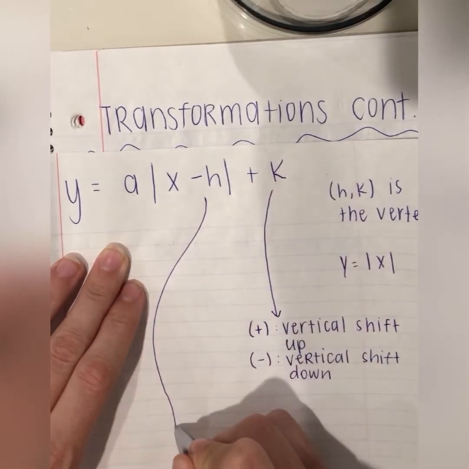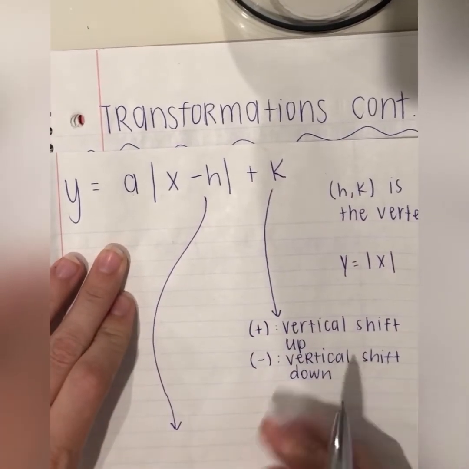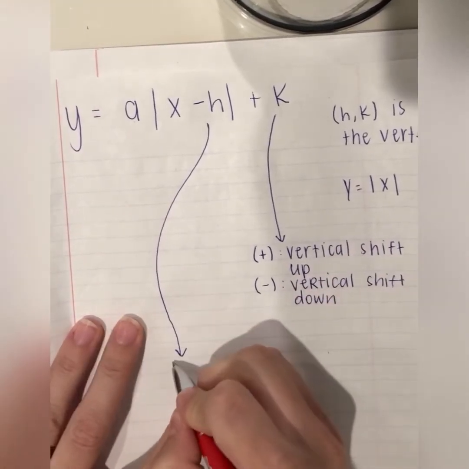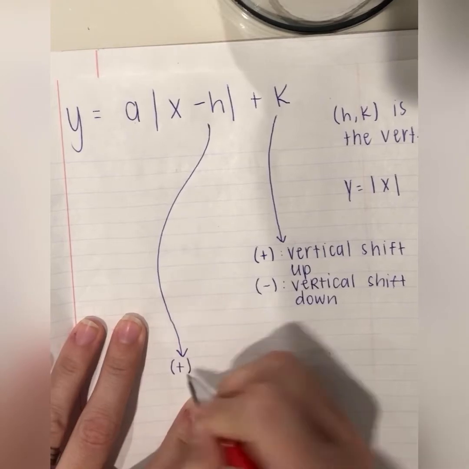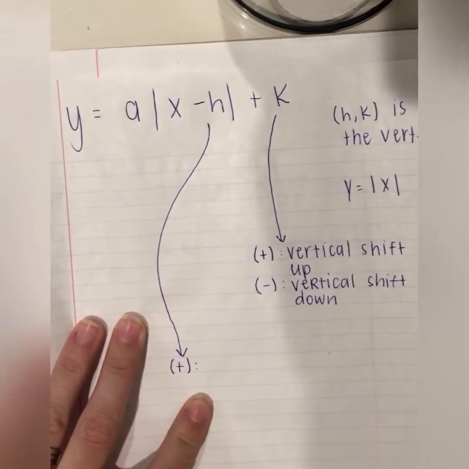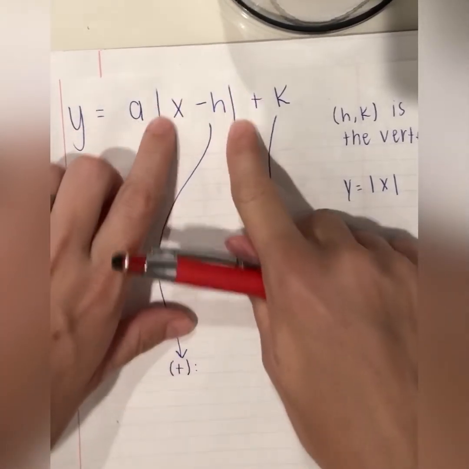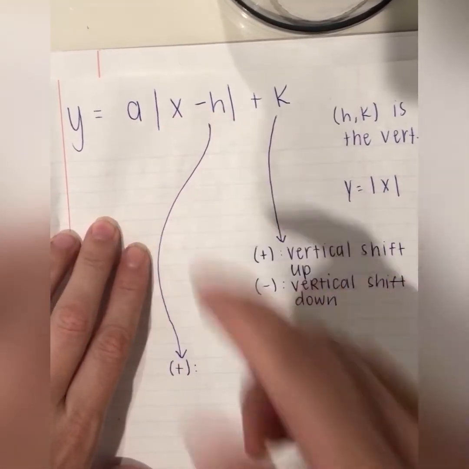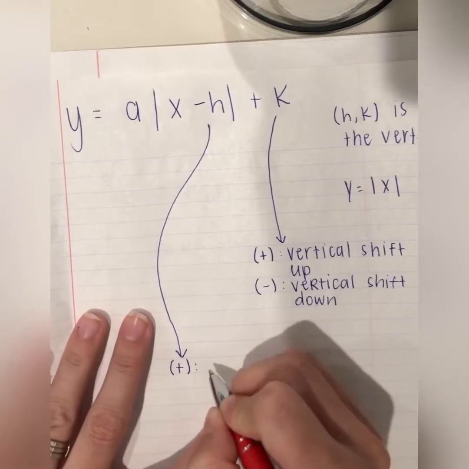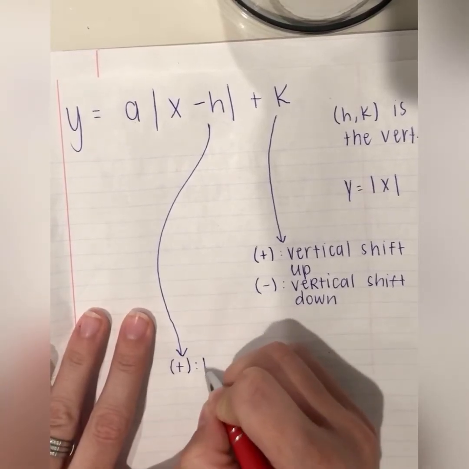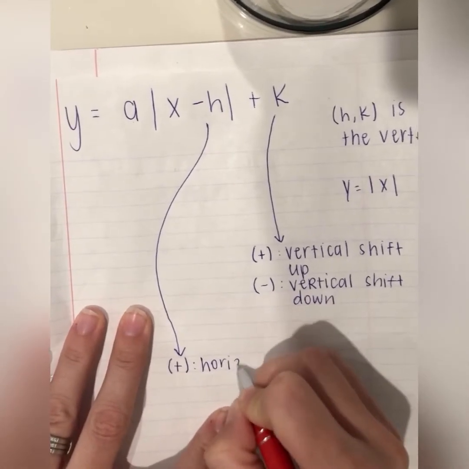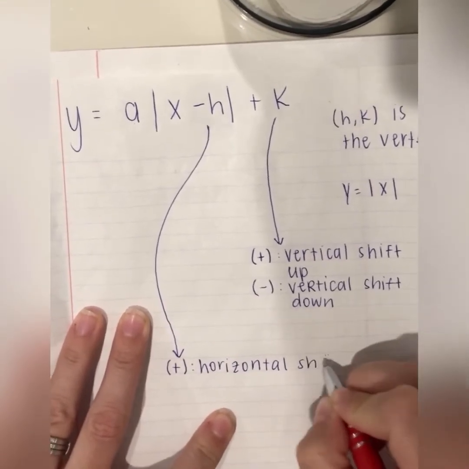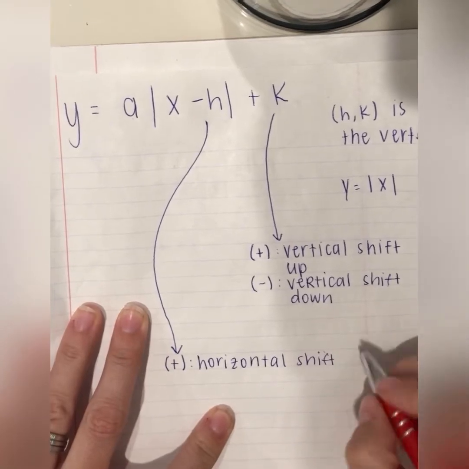So we're going to come down here. If this were a positive, right, a positive or a plus some number inside the absolute value sign, so x plus some number inside the absolute value, then we are going to have a horizontal shift left.